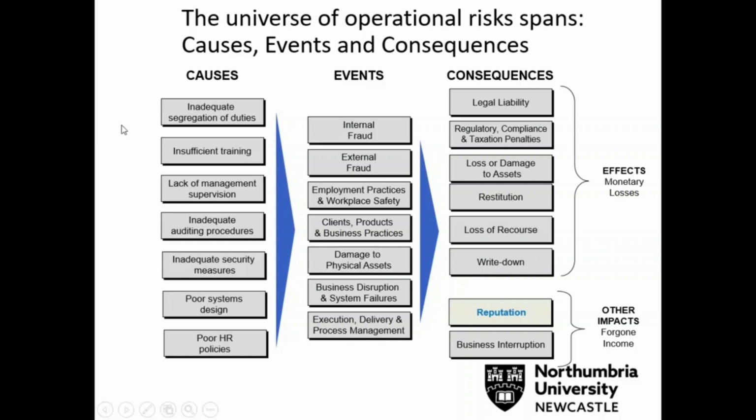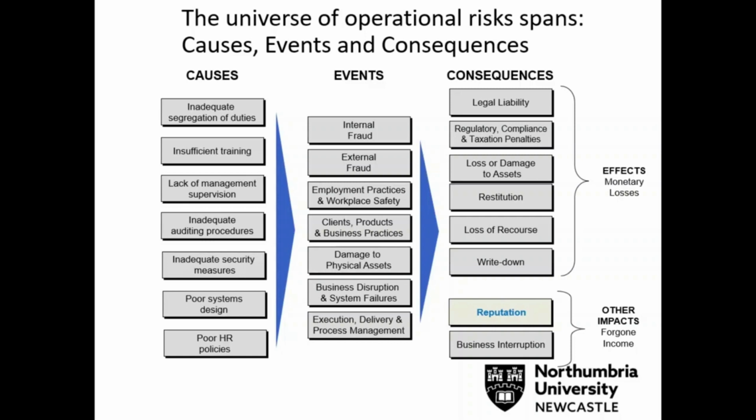So obviously poor training for staff, management turning blind eyes, poor IT systems, which quite a lot of the legacy banks actually have at the minute, where they just bolt on new packages, new software, new updates, and in the cracks of where they bolt these things onto the core system, this is where fraud or the hackers get in. So all these causes can lead to these certain events.